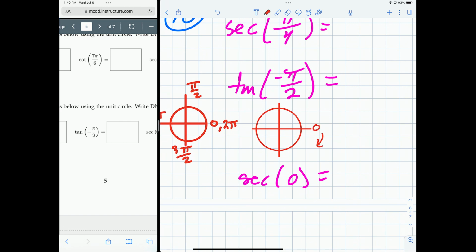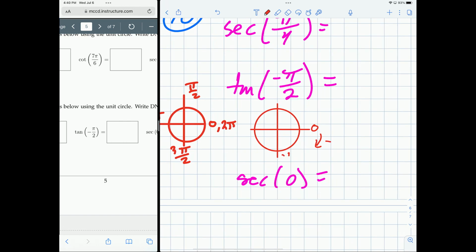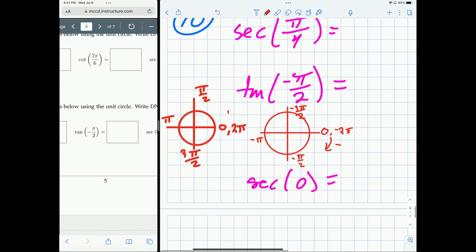So that would be 0, and this is the minus direction. So negative pi over 2 would be here. Negative pi would be here. Negative 3 pi over 2 would be there, and then this would be negative 2 pi, right? So you always can go in the negative direction. It just won't be printed on your unit circle for you. So when you have negative pi over 2, you have to know that that's right here. Otherwise, you won't be able to do that problem.